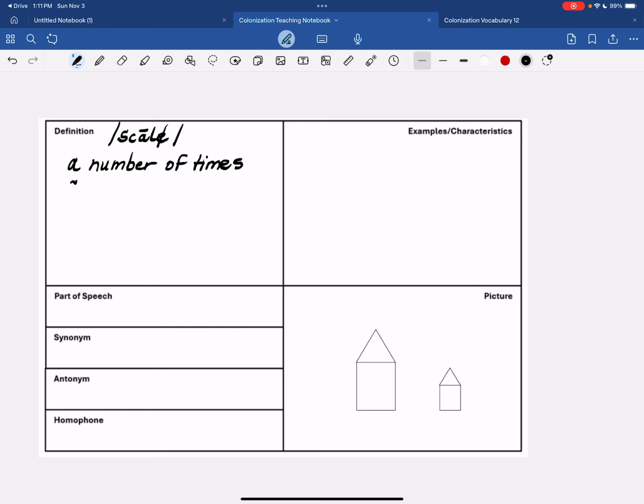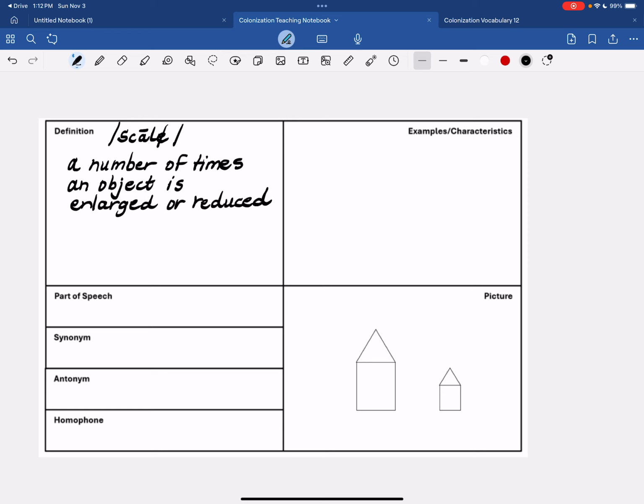an object is enlarged or reduced. A very common application of this is with photographs.